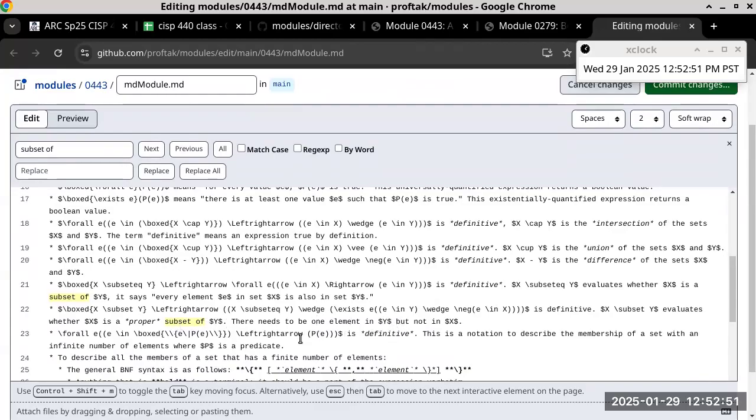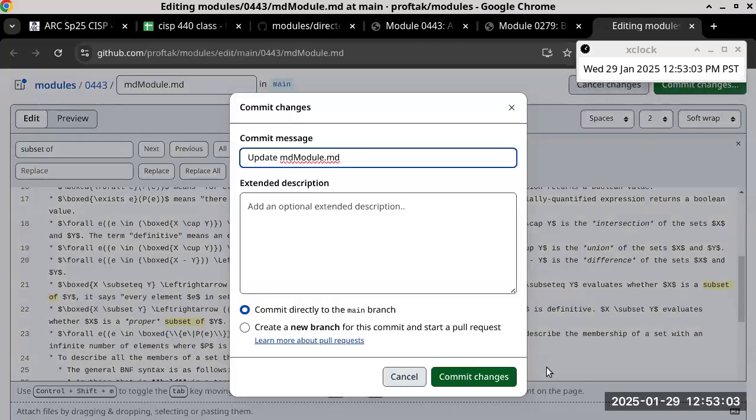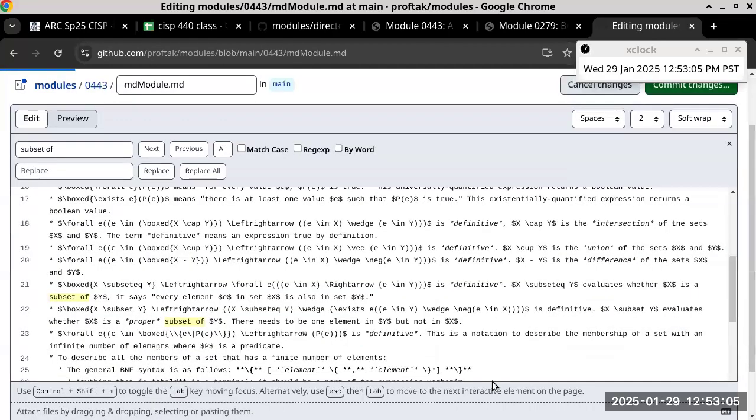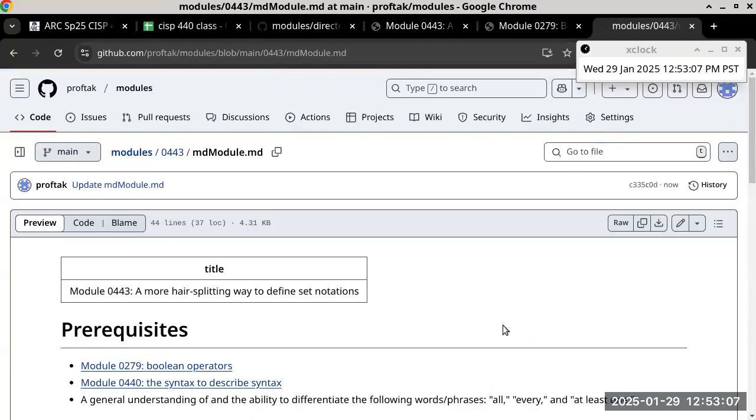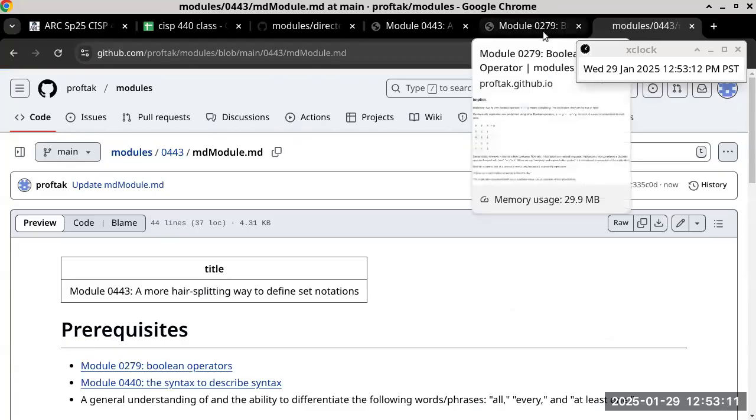Oh, okay. It's because it just says for all. Okay, there we go. Thank you. All right. Thank you. Yeah, this is the problem of me trying to update the material every single time I teach a class.